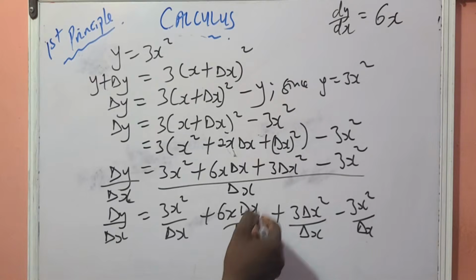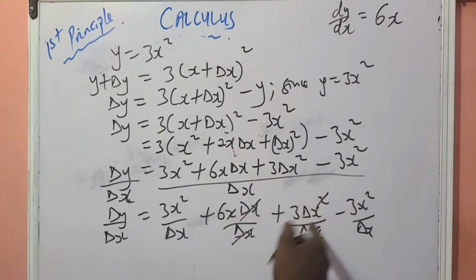Of course, this can cancel this. This will cancel this. Will be left with just 1. This cannot cancel. All right. And the next step is for you to take the limit of both sides.